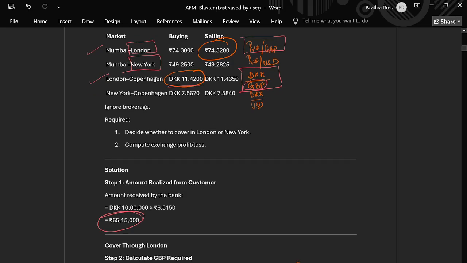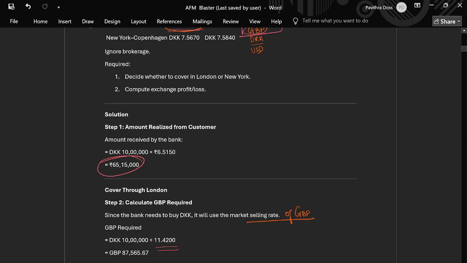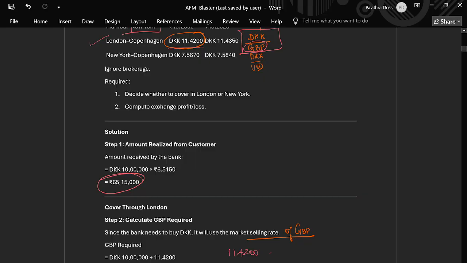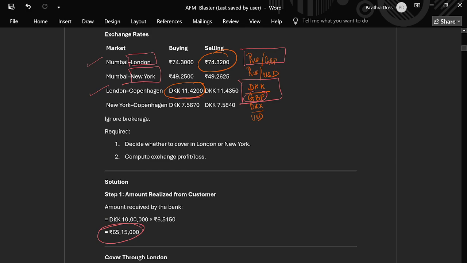So it is 11.4200, which is our DKK per GBP. Okay, so what we have done, we have sold GBP. Now when you come here you are going to buy GBP.